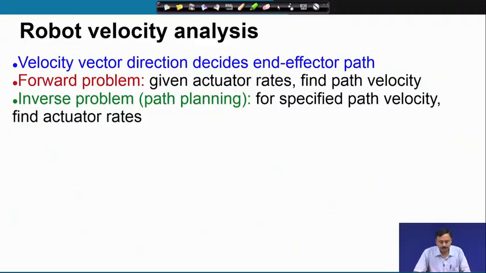In the inverse problem, we are given the path velocity, which means the tangent velocities at every point on the path. We have to find the actuator rates which can realize that velocity, and hence also realize that path. So, this is intimately connected with the path planning problem.